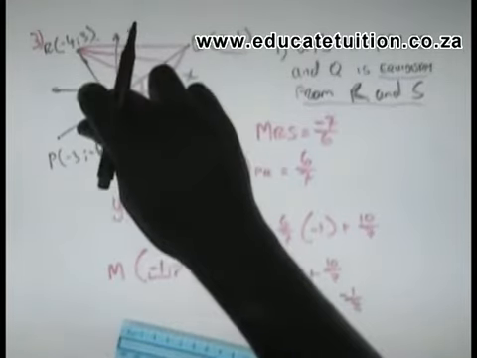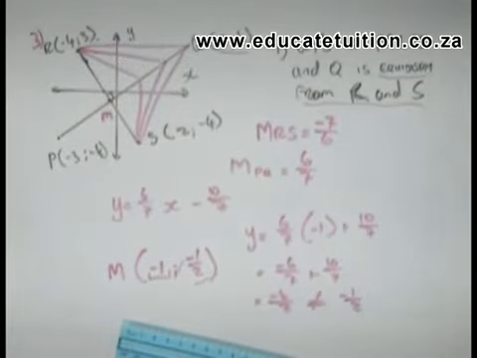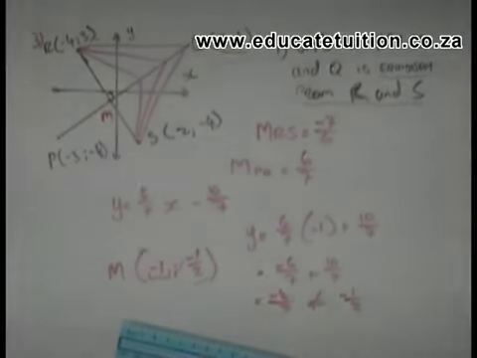Hence, the midpoint of RS is actually going to be somewhere over there. PQ does not go through the midpoint of RS.